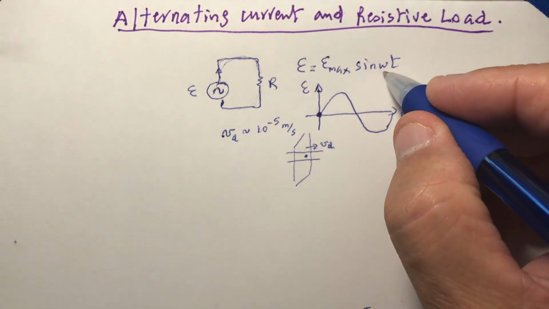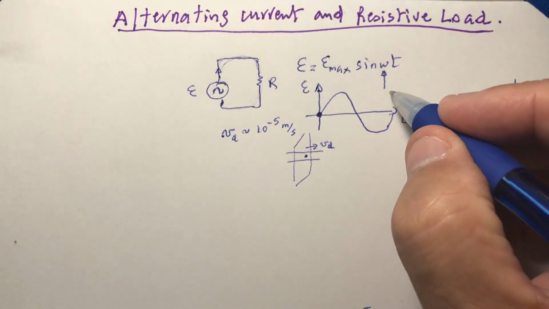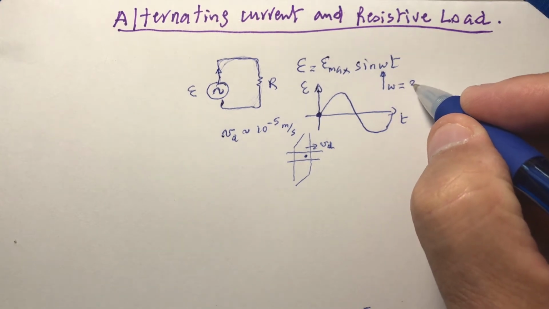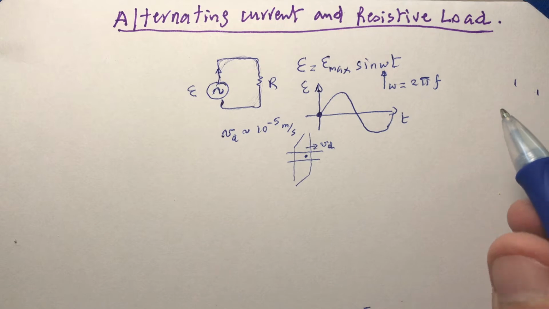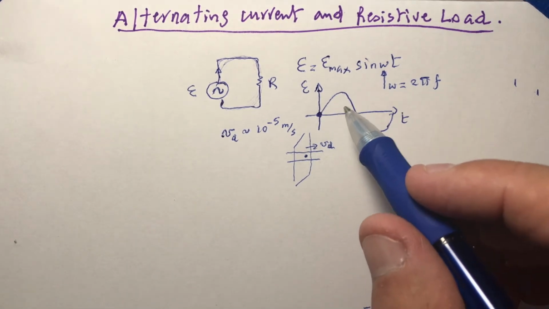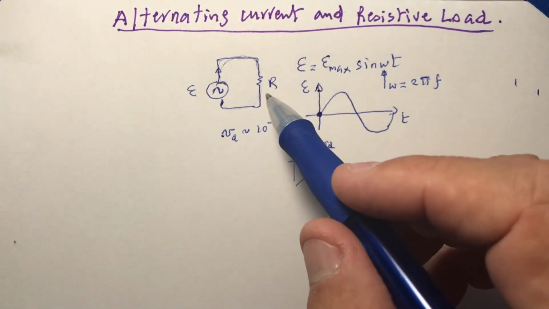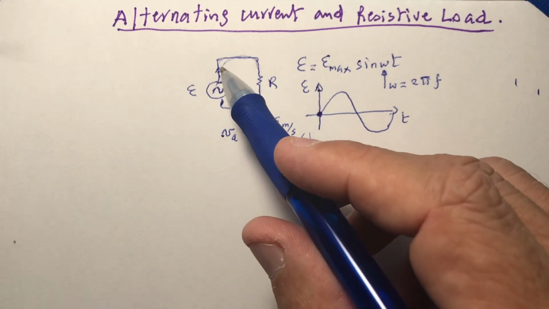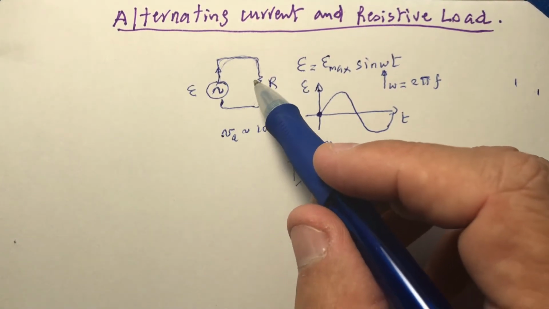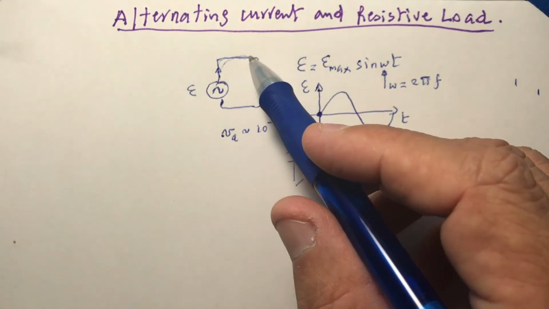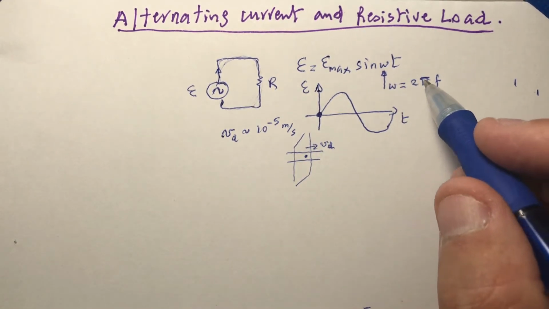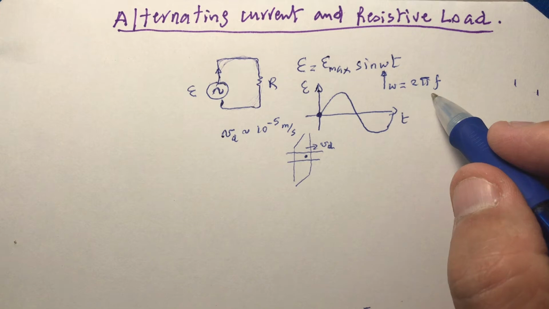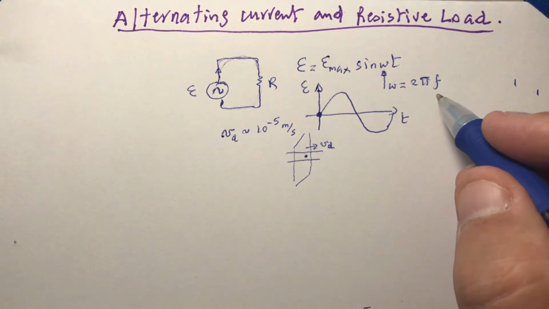Omega is 2 pi f. What does the frequency mean? It is the number of cycles per second. For example, in a house, the frequency is 60 hertz.